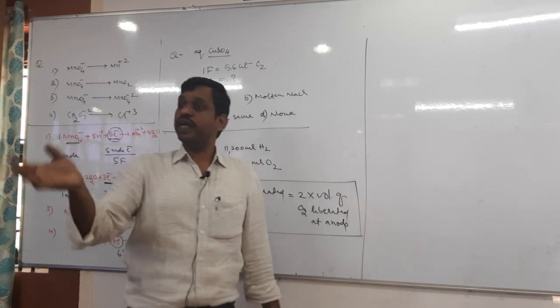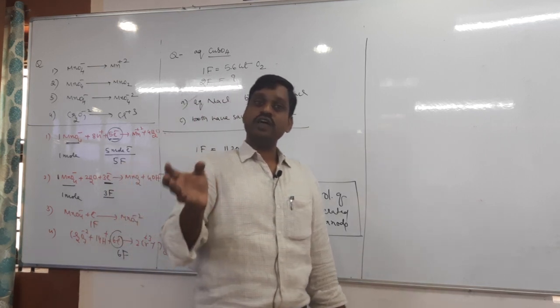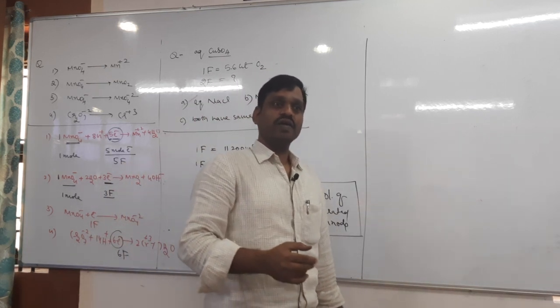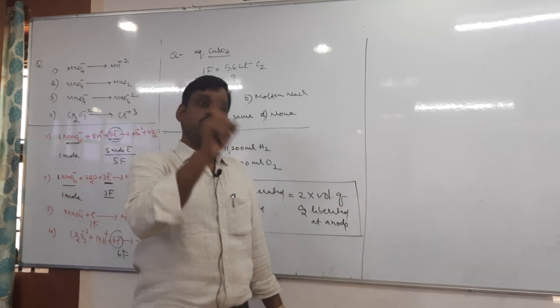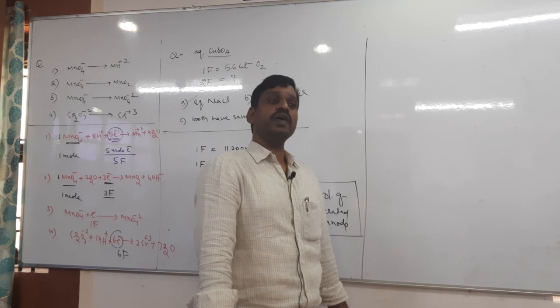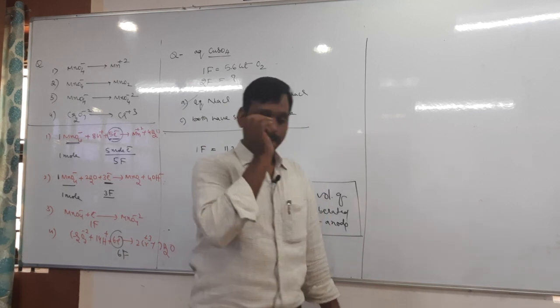If they ask the volume of hydrogen and chlorine liberated, it is the same. If they ask the weight of hydrogen and chlorine formed, the ratio is hydrogen 1 gram, chlorine 35.5 gram. That is different. Okay, one more.